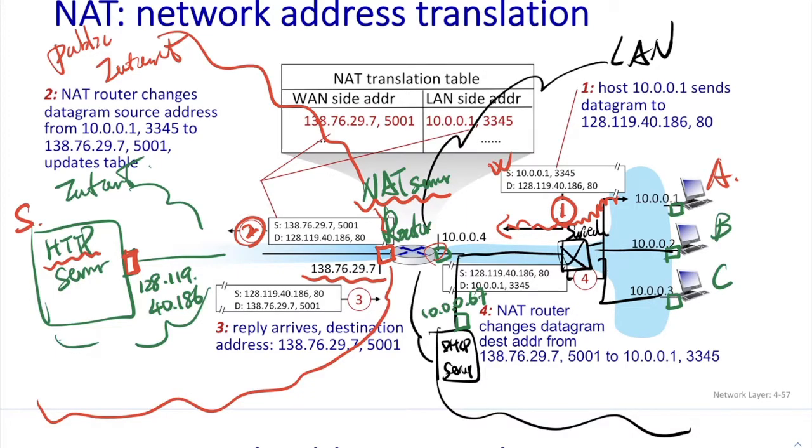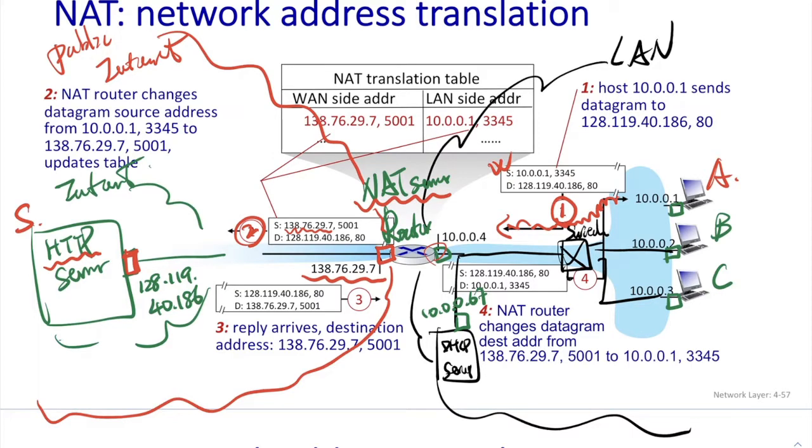So in this case, as a NAT server, the server will remove the IP header of packet 1 and attach a new IP header, whose source IP is 138.76.29.7, right here, because that is the only public IP address the NAT server has.